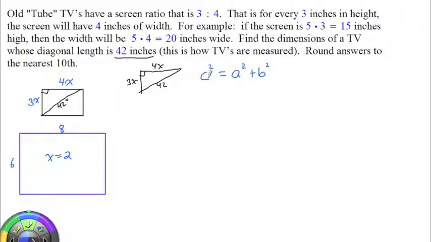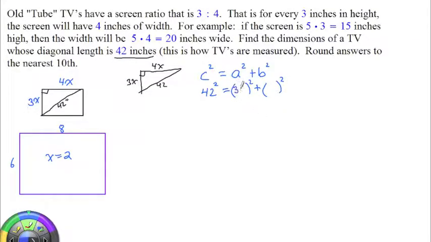I like dealing with it right off the bat. So 42 is the hypotenuse squared, and then a and b just represent the legs, and your legs are 3x and 4x. But be careful, you're substituting in for a, and you're substituting in for b. If you forget the parentheses, you're going to end up with the wrong answer.